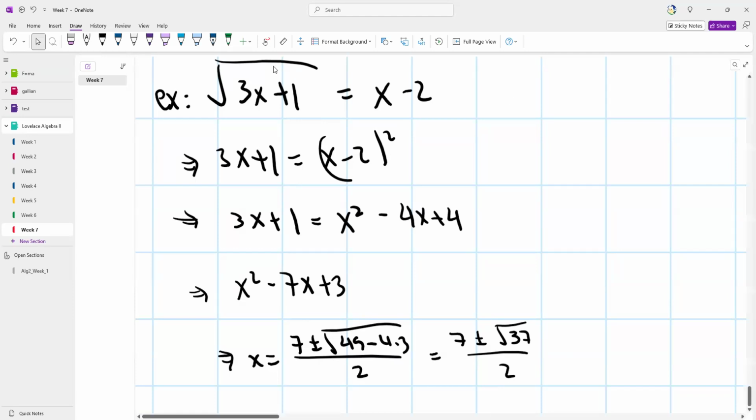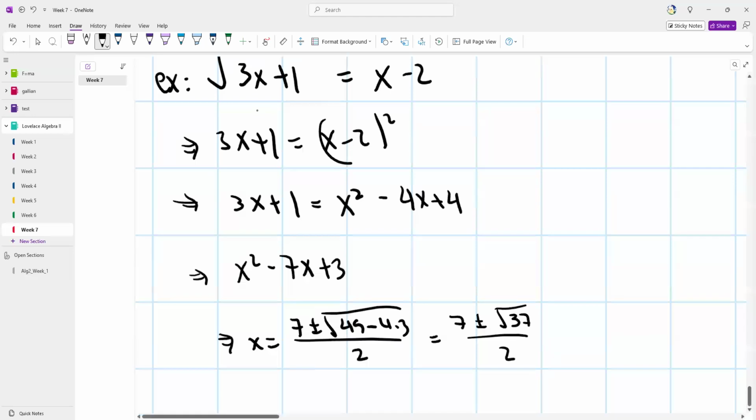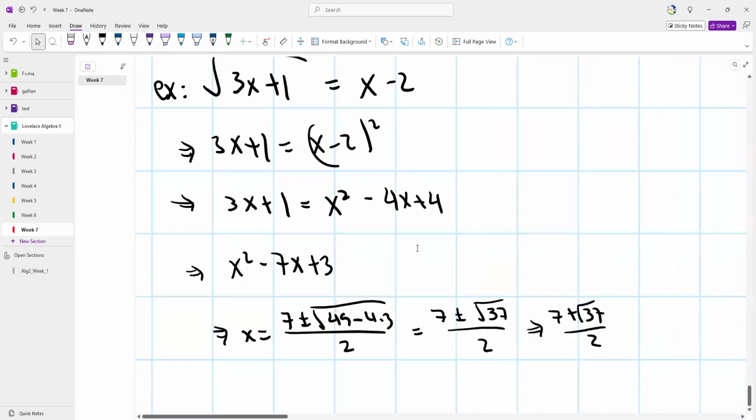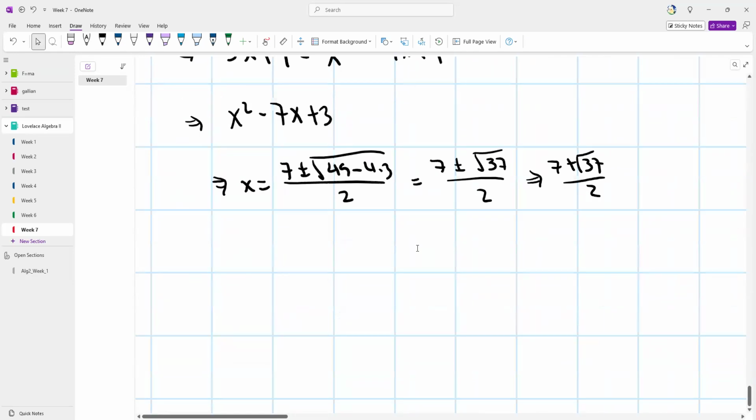And this is bad because the range of the square root function should be all non-negative reals, and therefore that would not be an answer. So it should just be 7 plus the square root of 37 over 2. If you do a sanity check on that one, it's right. So yeah. Now let's do a little bit of a harder question.